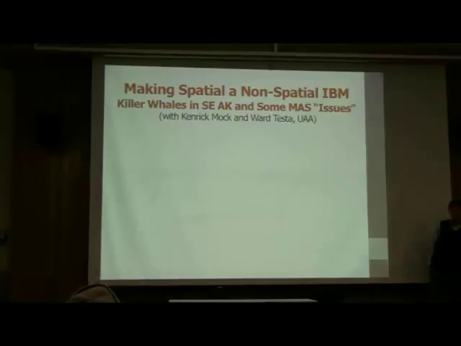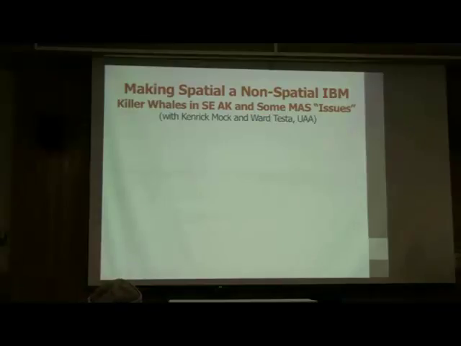So when I came into working here, Kenrick and Ward had already done a lot of the real hard work, and again, probably many of you who know them are familiar with their work, had an individual-based model of killer whale behavior, studying killer whale predation, and had done a lot of the work to make, I think, a very, very nice and elegant model.